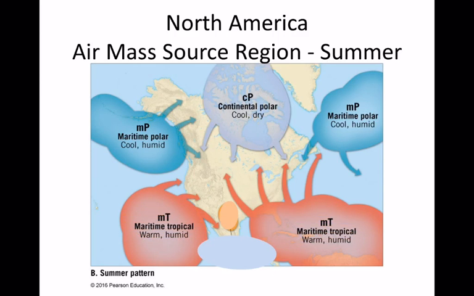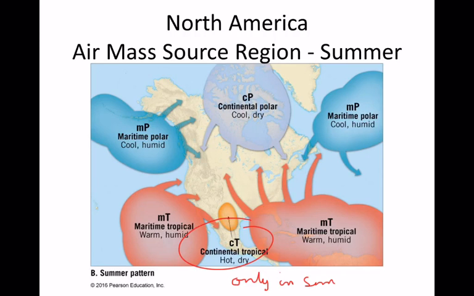But now in the summer, we pick up another source region, Continental Tropical, right there. So I'm going to circle that last one, Continental Tropical, and say only in summer. In the winter months, we don't have a source region for Continental Tropical air.